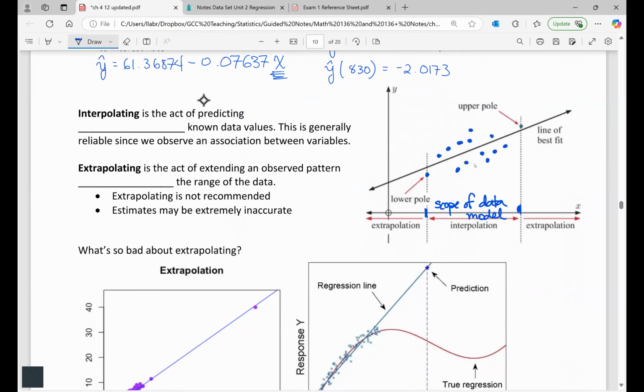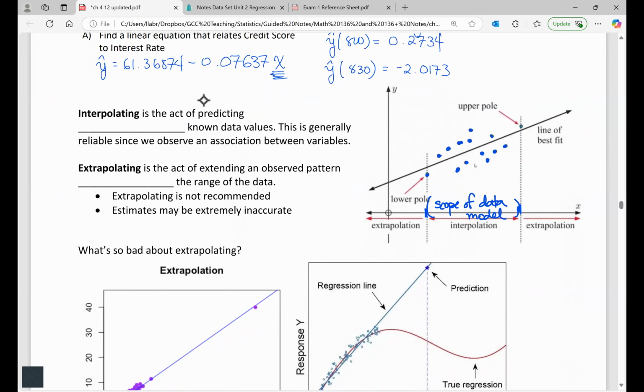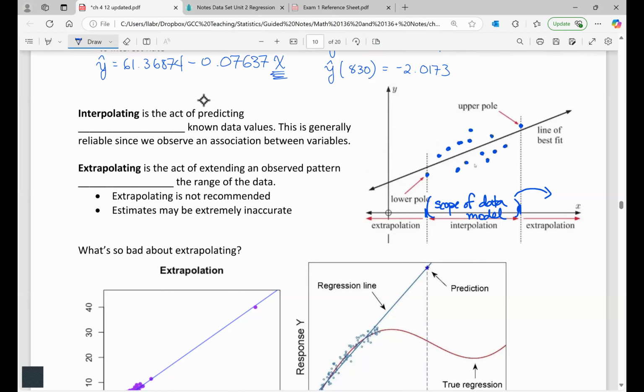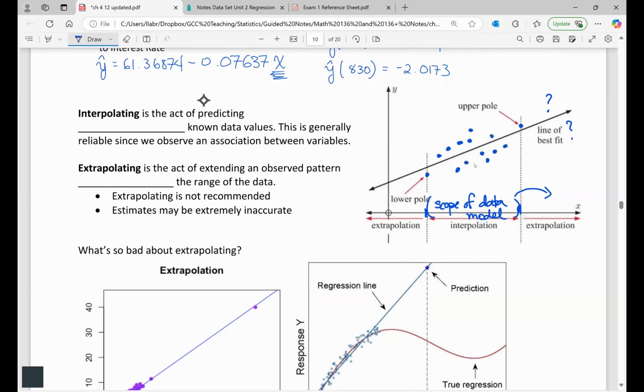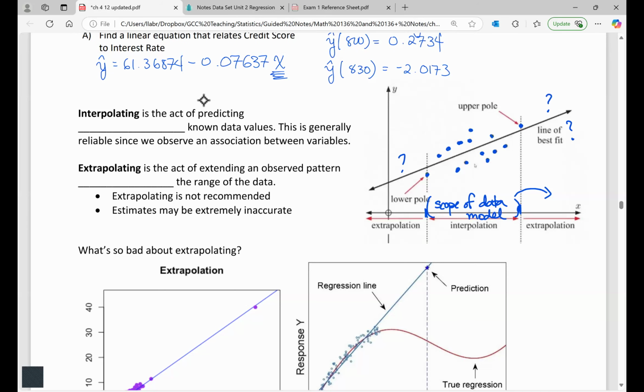It's very difficult for you to extend outside of that. As soon as you start extending, we're assuming that the pattern continues, but we don't have any data to back it up. So here you're essentially wandering into the unknown. We don't know if that pattern continues outside of the range of the data that was given.